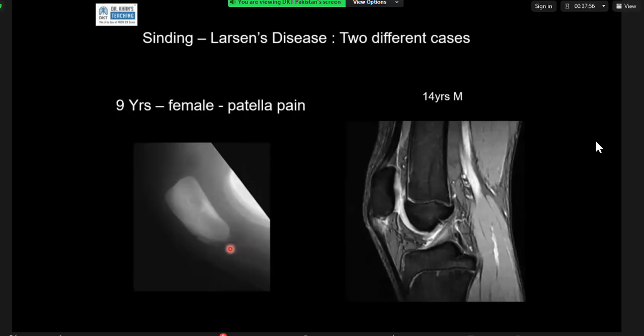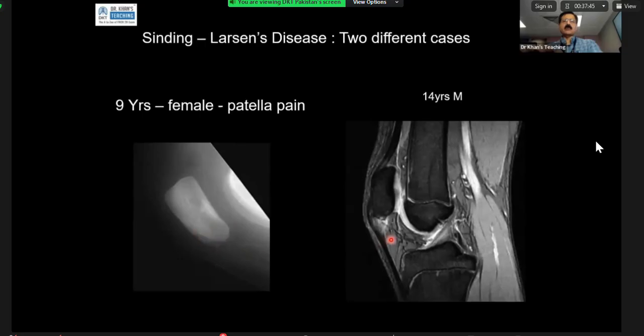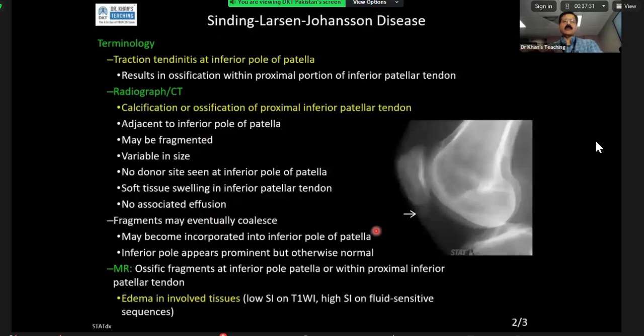Here, if you see, there is fragmentation of the inferior pole, and on MR, this is a different case, by the way. We can see that this is the patellar tendon, and this is the origin at the patella where there is a lot of edema.